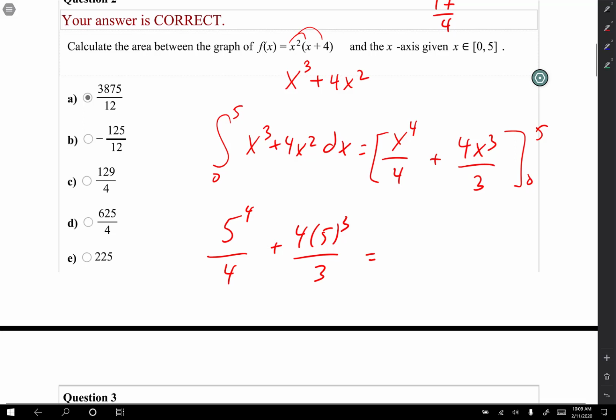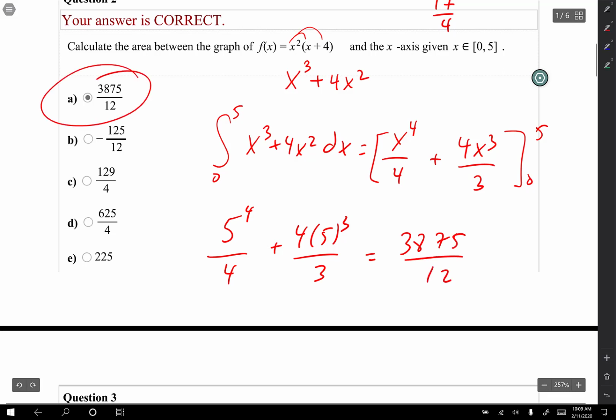Let me do it really quick. 5 to the fourth divided by 4 plus 4 times 5 to the third divided by 3, math fraction, enter. And I get 3875 over 12. So there it is.